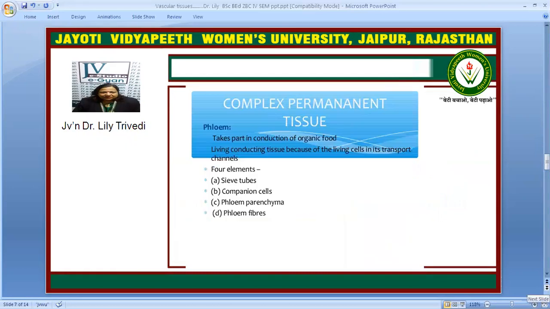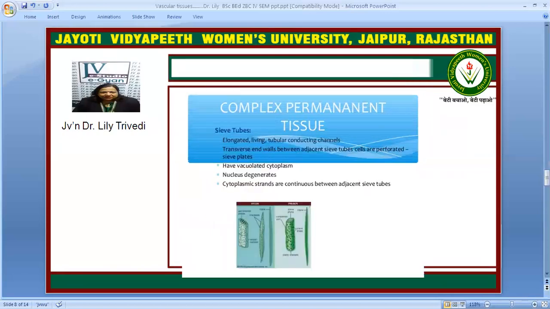So we come to phloem, which takes part in the conduction of organic food. It is a living conducting tissue because the living cells are responsible for the transport. There are four types of cell elements: sieve tubes, companion cells, phloem parenchyma, and phloem fibers.